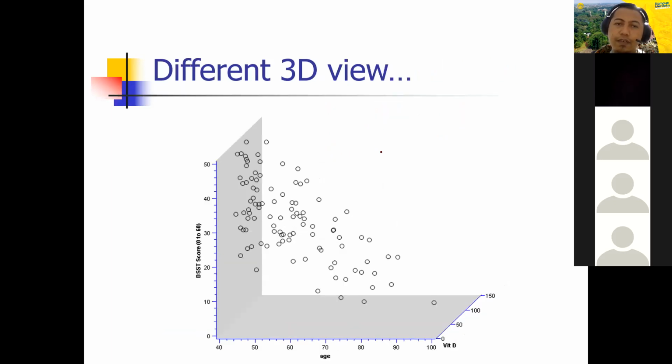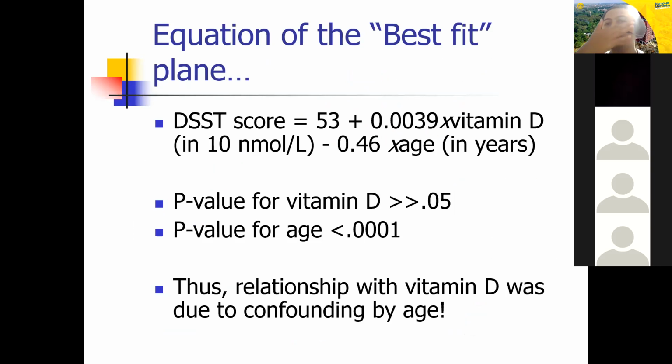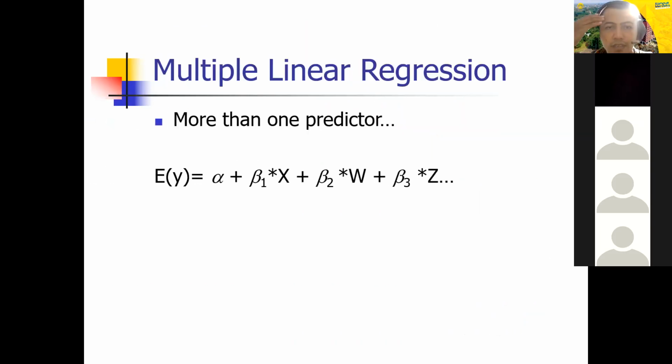And then you can analyze using the same method as when we use linear, and we arrive not at a line, but at a plane. Maybe the slope of the plane, how large the plane is. This kind of multiple linear predictor.